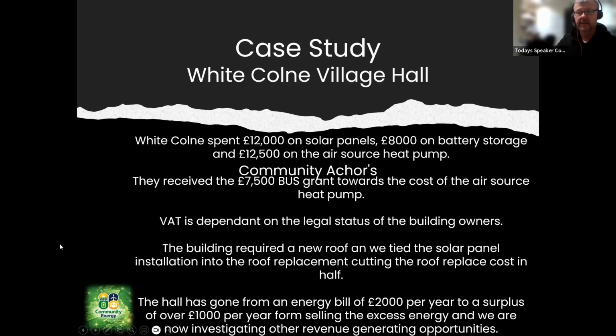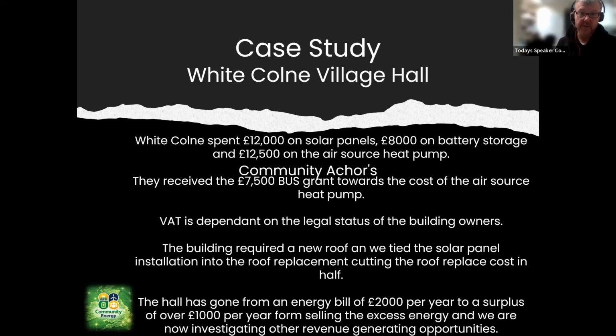So how's this worked out for them? Okay, so the solar panels were about £12,000 to install. The battery was around £8,000 to install, and the air source heat pump, including the plumbing upgrades, was about £12,500 to install. We were able to get them the BUS grant for the air source heat pump, so straight away, we were able to get them a £7,500 grant towards the cost of the heat pump.